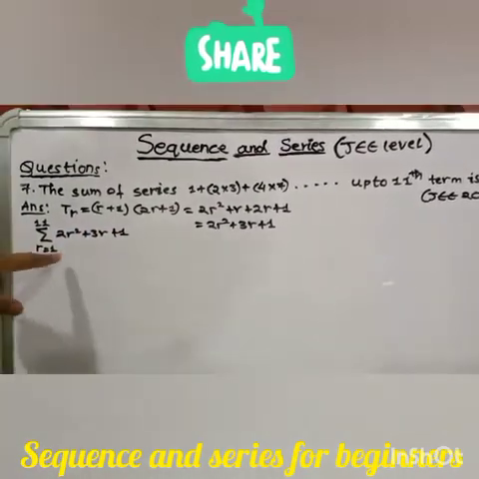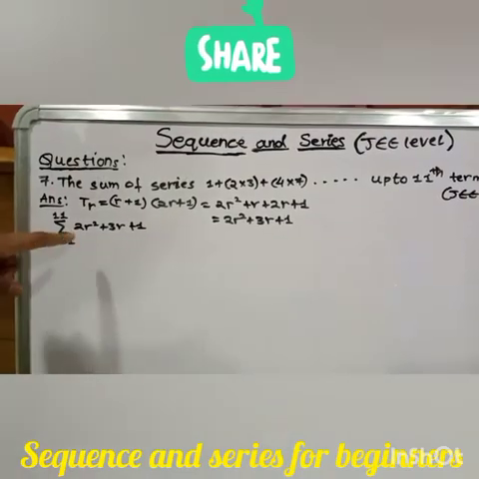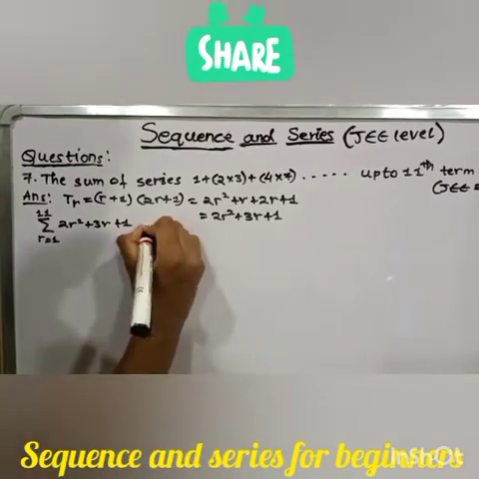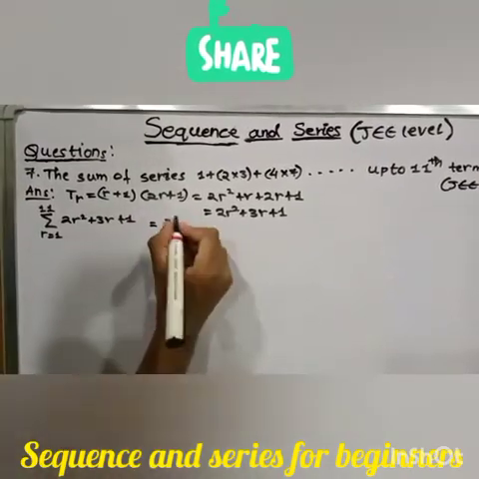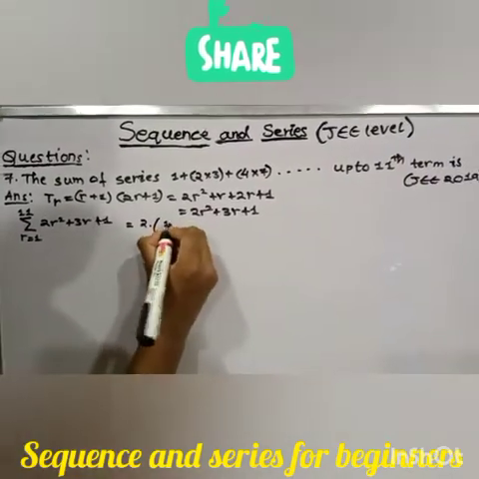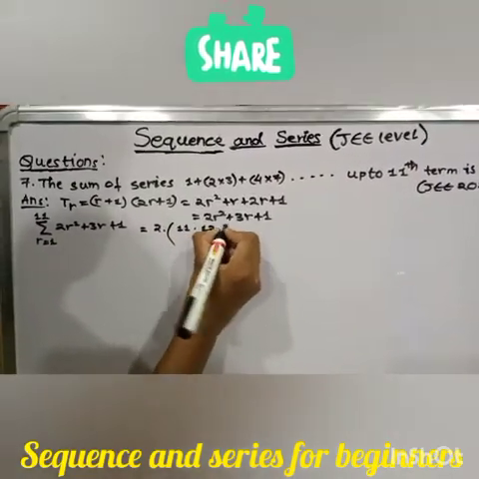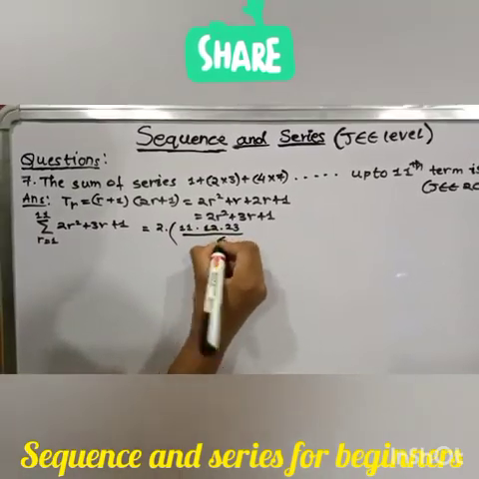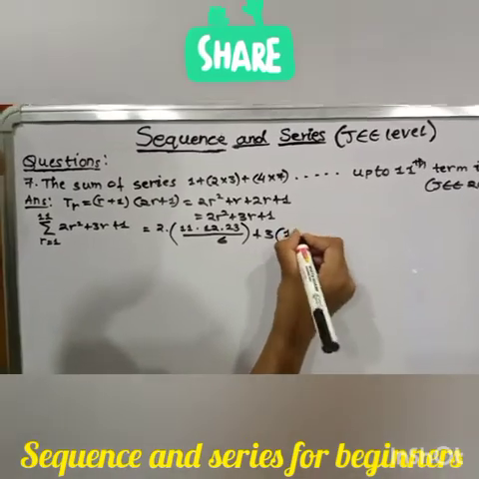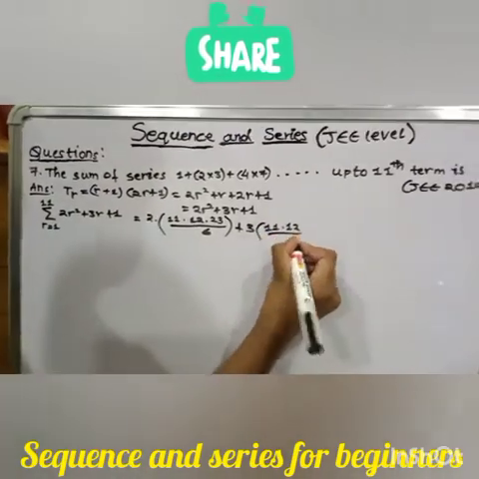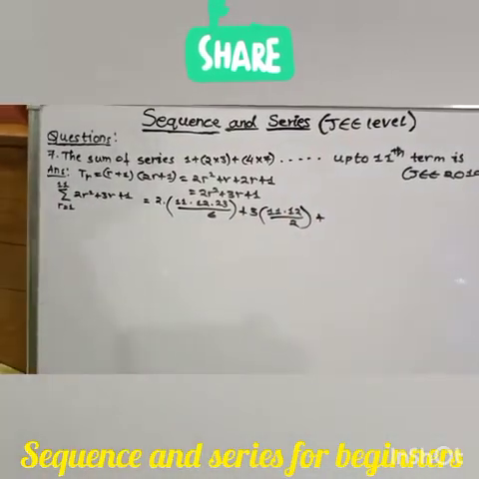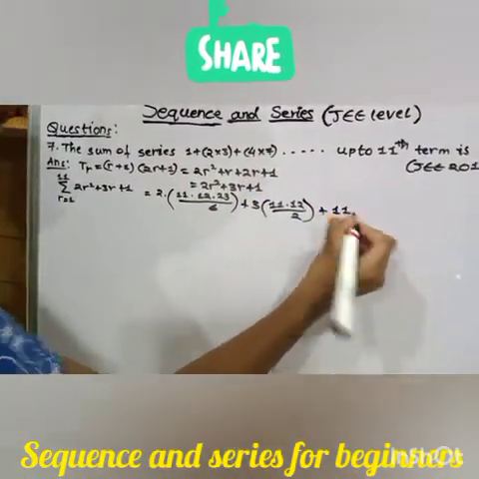So all you got to do now is expand this and use the two properties I've told you before. After doing that, you get 2 times, this is r square from 1 to 11, so 11 into 12 into 23 upon 6, plus 3 into 11 into 12 upon 2, plus 1 is going to repeat till 11, so 11.